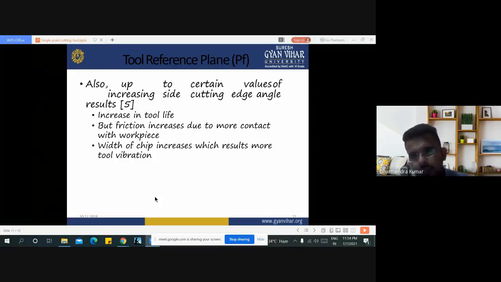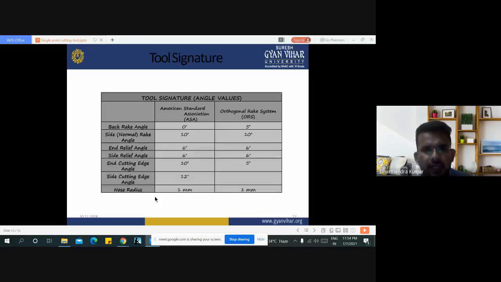Width of the chip increases, resulting in more tool vibration, because if we increase the side cutting edge angle, the volume of physical contact between the cutting tool and the workpiece is more and more. Then the width of chips increases, and it increases tool vibration or more sound during the machining process.